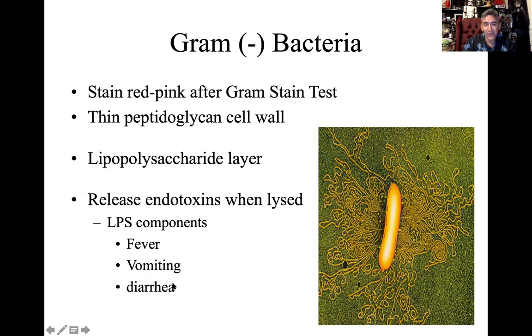So vomiting and diarrhea we typically associate with food poisoning. I talked about salmonella in the prior discussion. Salmonella, E. coli, these are gram-negative bacteria, and we can associate these symptoms when we have these types of infections.